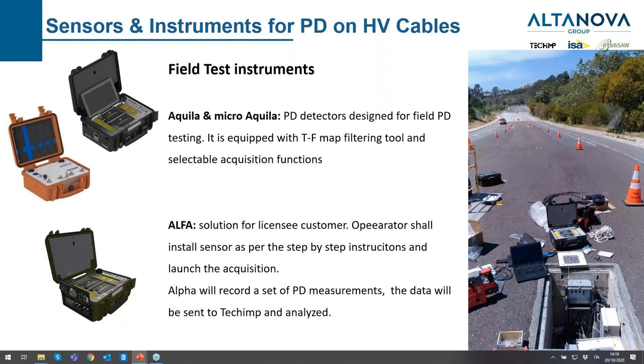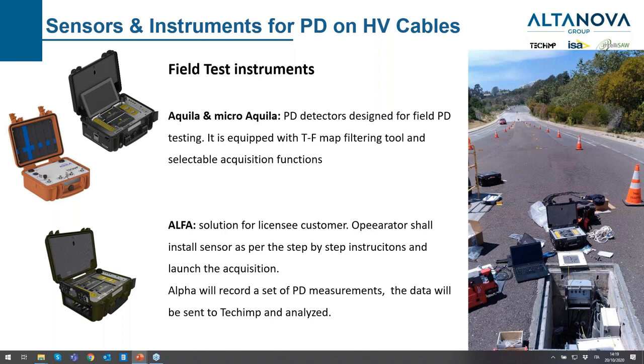The Alpha takes care of this kind of customers and testing engineers by providing an automatic setup of the PD measurement chain, and it automatically acquires PD data for the analysis. Just to give you an example, the Alpha has a step-by-step guide with a series of questions and answers between the Alpha and the operator, like: what are you testing?